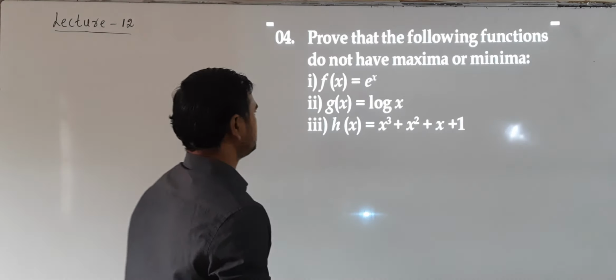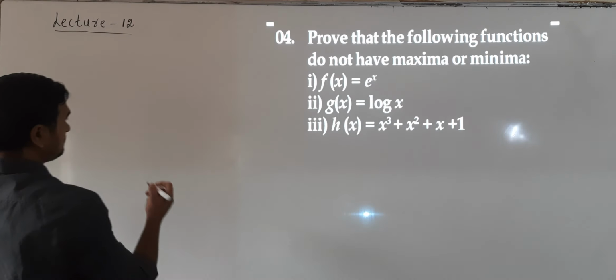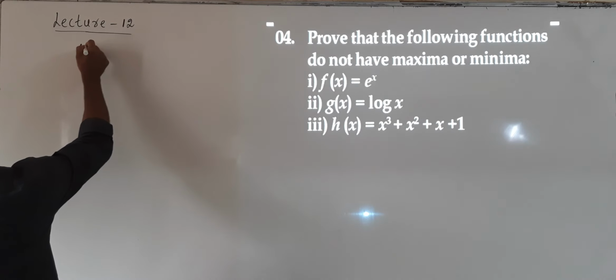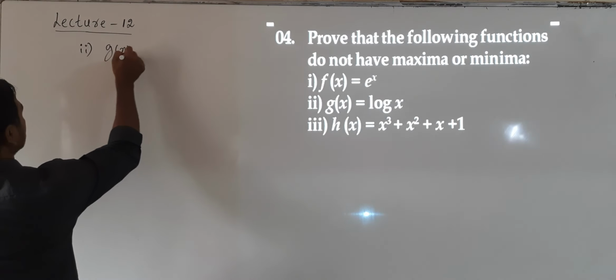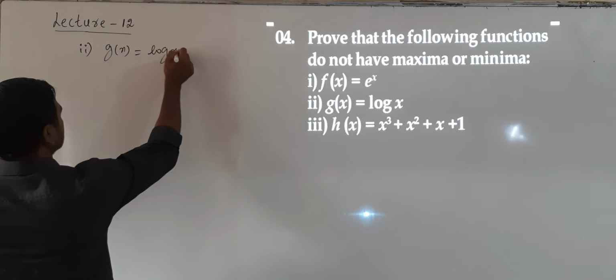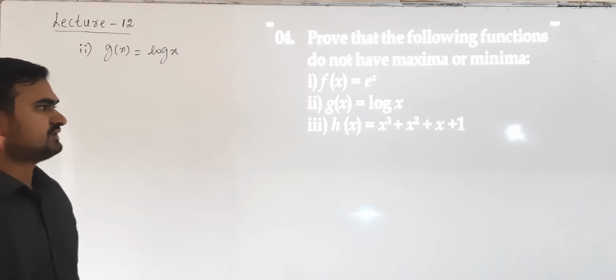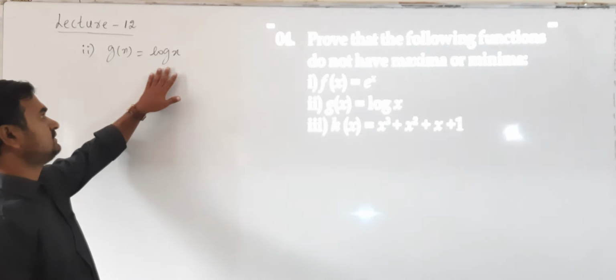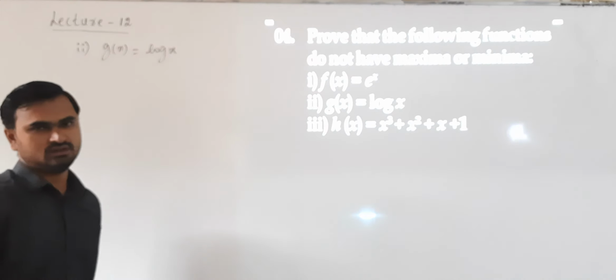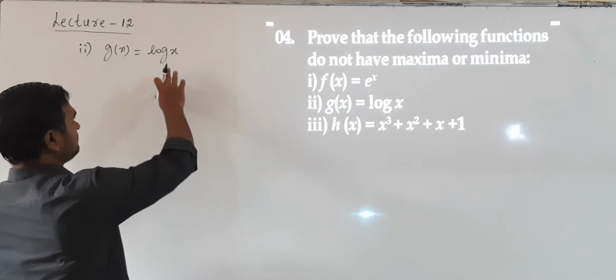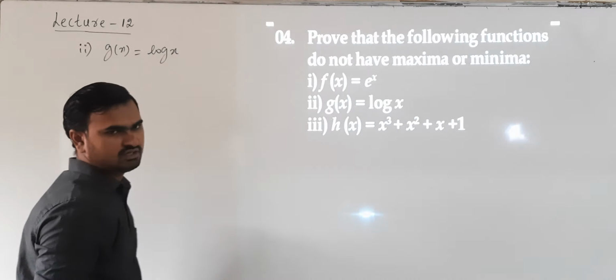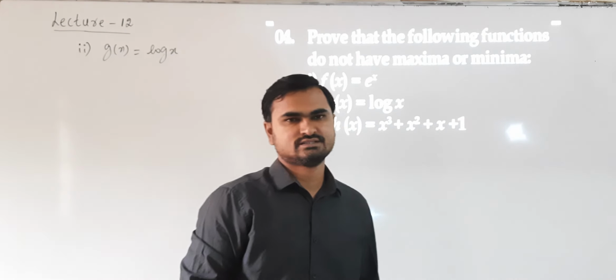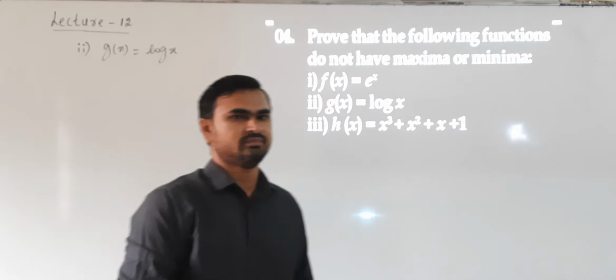Okay. So let us see the second part. g of x is given as log x. So the function is given as log x, and we have to prove it has neither maximum nor minimum. Is the domain of the function given here? It is not given. For what values of x the function is defined is not mentioned.